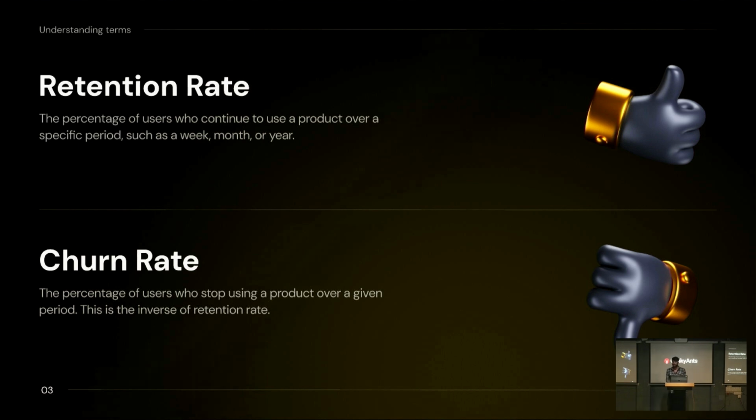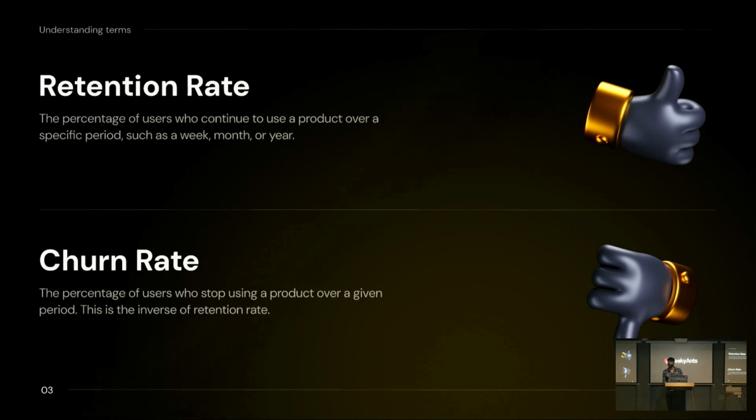on the application. Let's say at the start of September, you had about 100 users. Let's simplify it. Let's say that you had about 100 users, and at the end of 30 days, the end of September, you see only 30 people are actually using the platform. That means that your retention rate is about 30%. Churn rate. Churn rate is basically the inverse of retention rate.